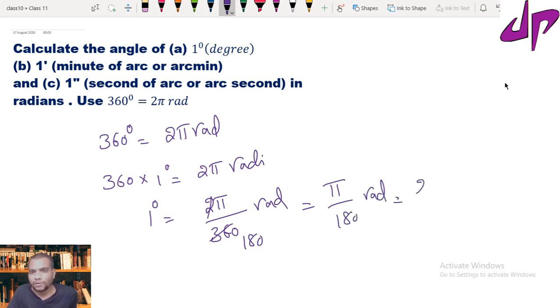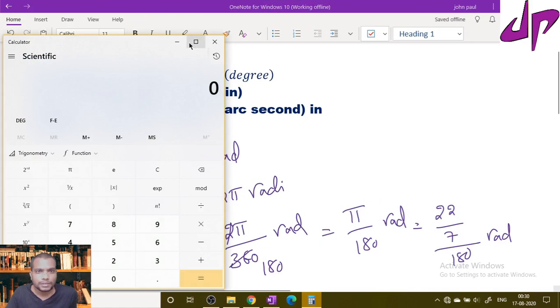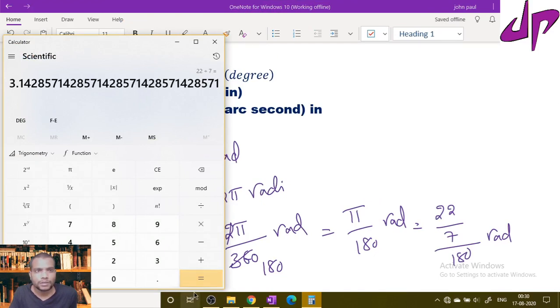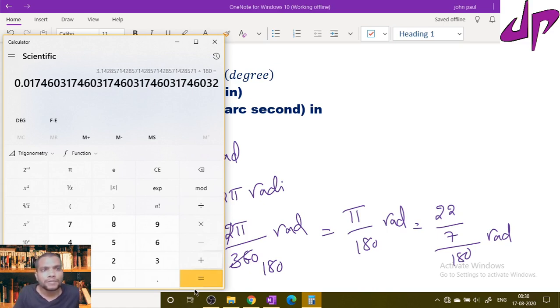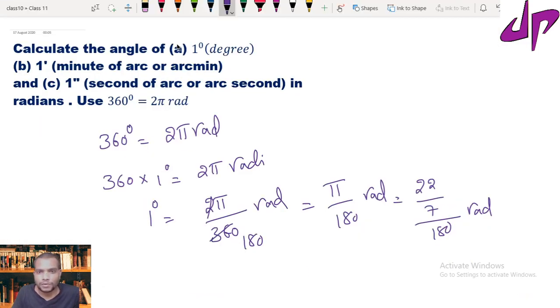You can substitute the pi value, which equals 22 upon 7, divided by 180 radians. Using my calculator here, pi equals 22 upon 7, divided by 180, which gives me 0.01746 and so on.